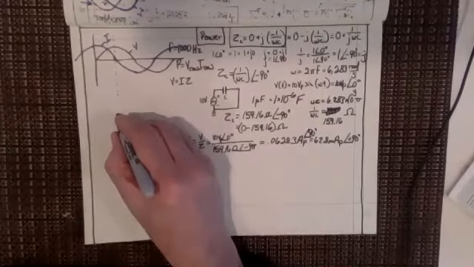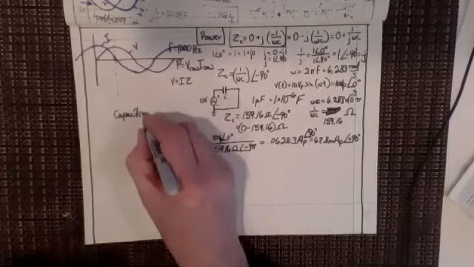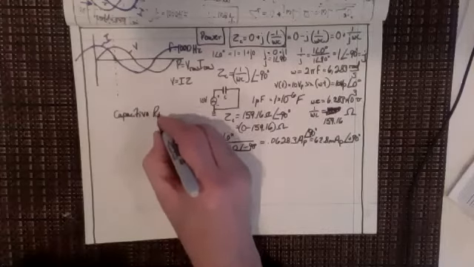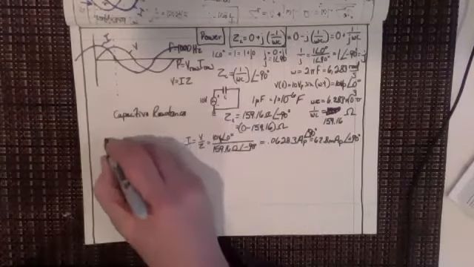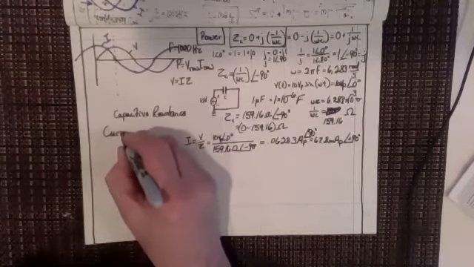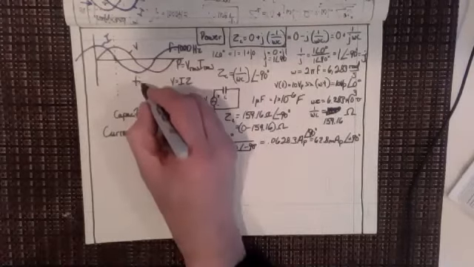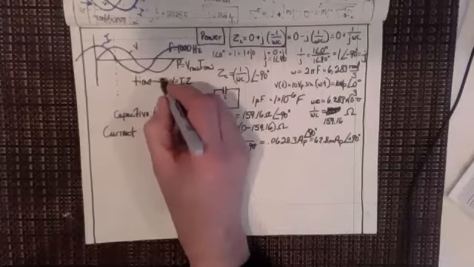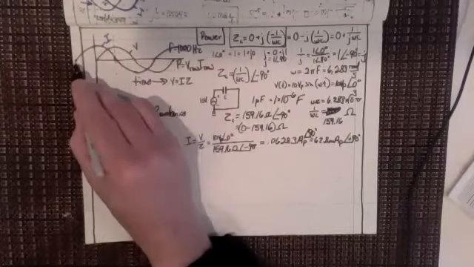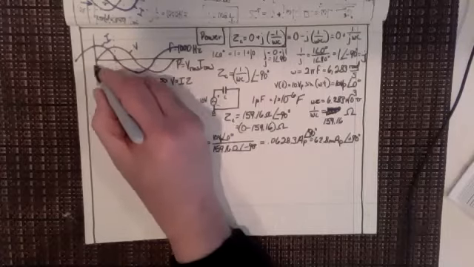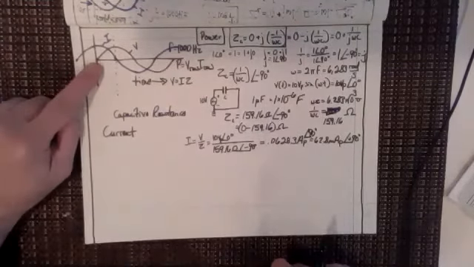So for a capacitive reactance, the current, and remember what I said before, think of this as a timeline. The earlier comes before the later, so this is back in 1800, and this is in 1850, right? So that's why this happens before this does.